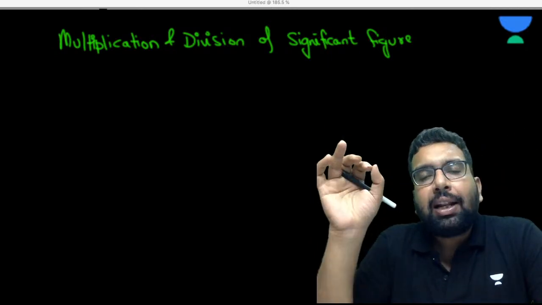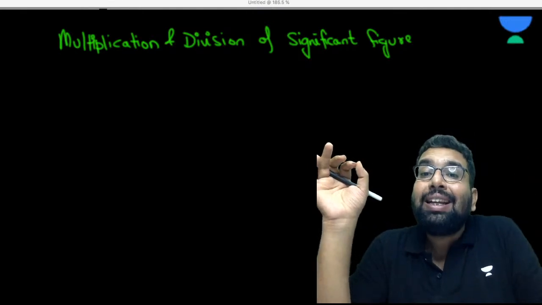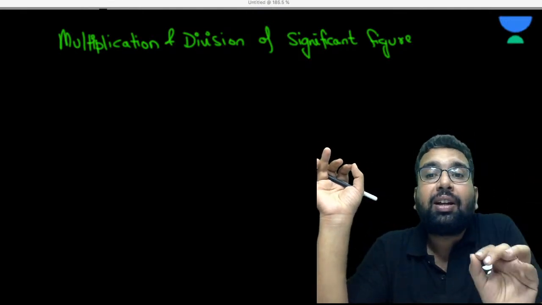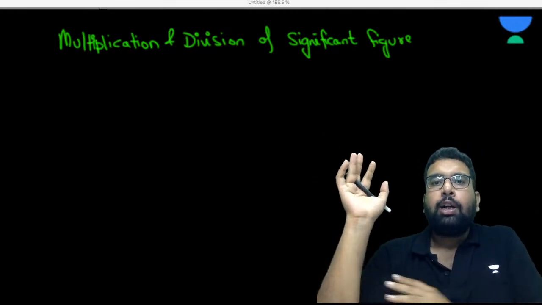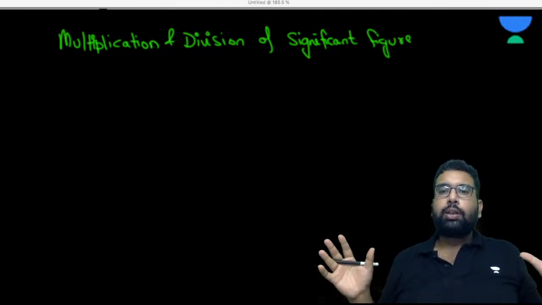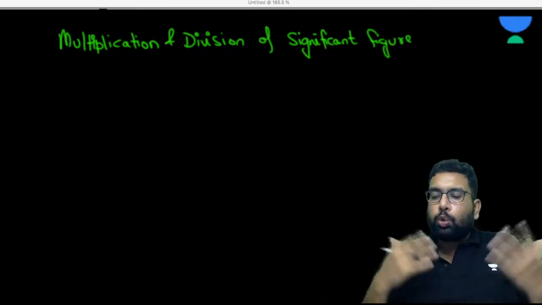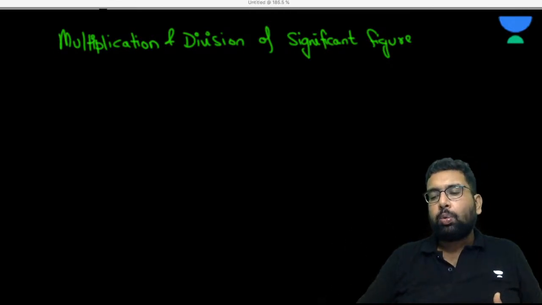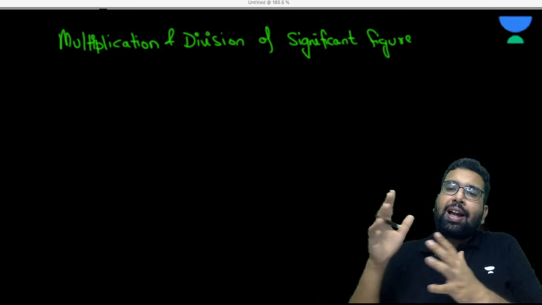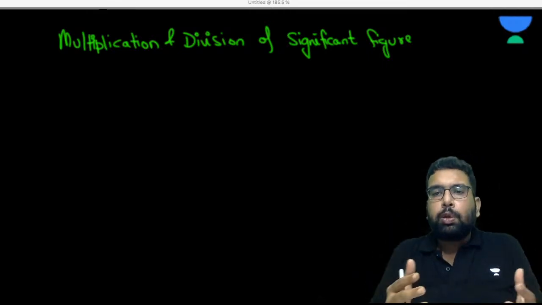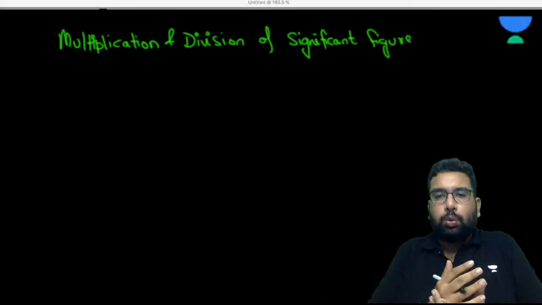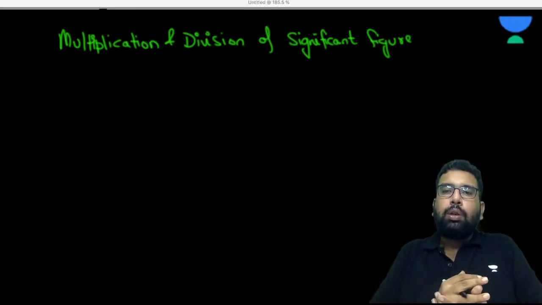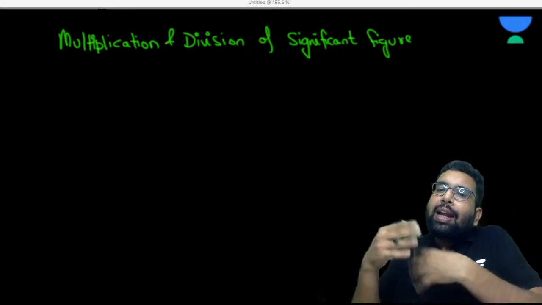Now the final answer shall be reduced to the least number of significant figures as present in any of the values. Let's suppose you have multiplied or divided two values and you are getting a final value.